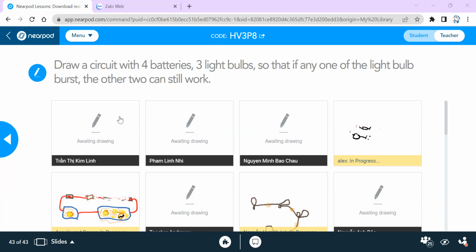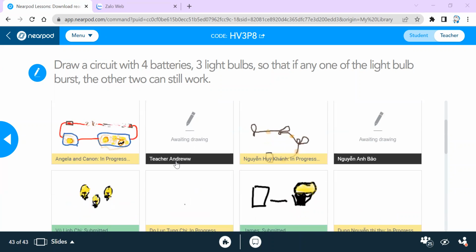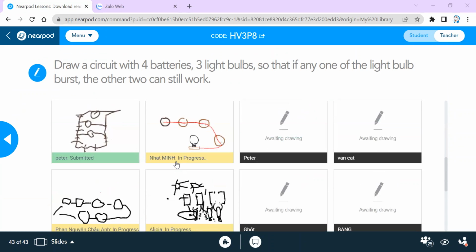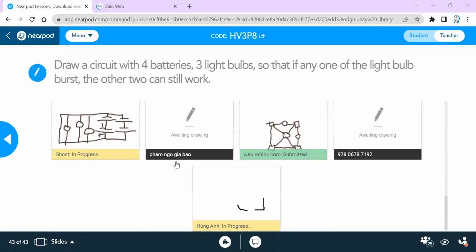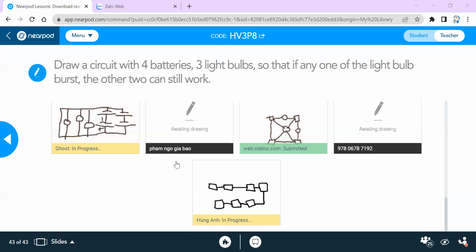Yes, Milan. I have drawn my drawings, but in a bit of a scientific way, so it's hard for people to visualize it. No worries, it's okay. Just draw whatever you can picture. Because my question is, draw a circuit with 4 batteries and 3 light bulbs, so that if any one light bulb bursts, the other 2 can still work.